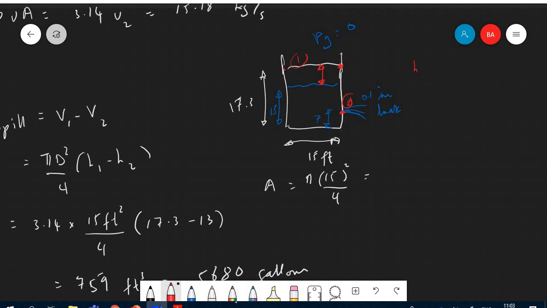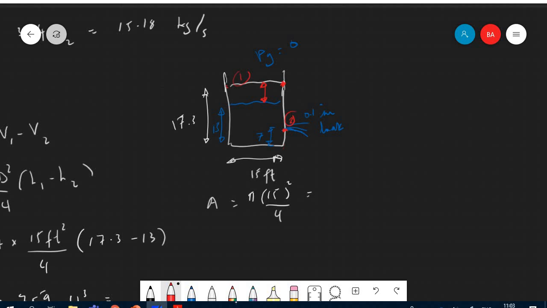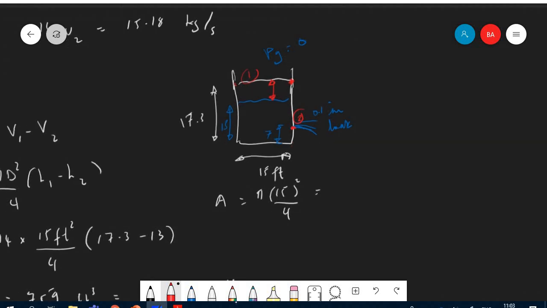Talking about HL naught to HL, it was 17.3 feet minus 7, which was the first part. And we already said that this is 10.3 feet.